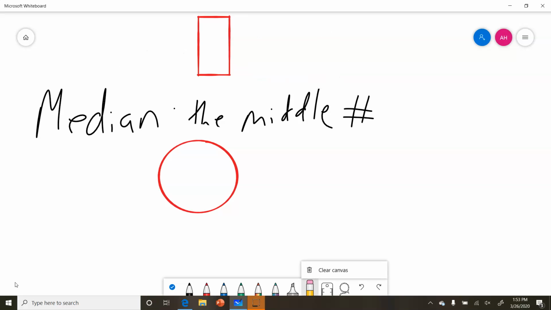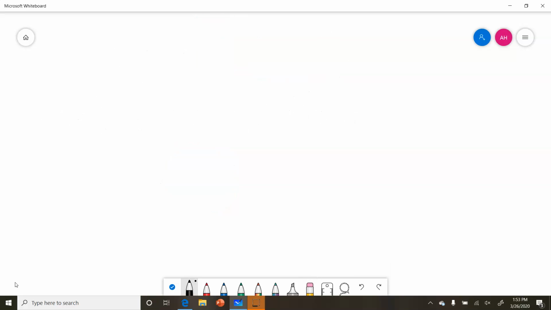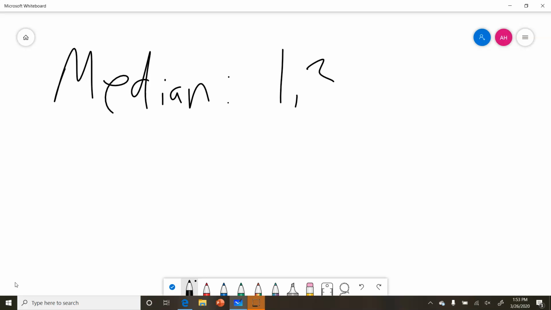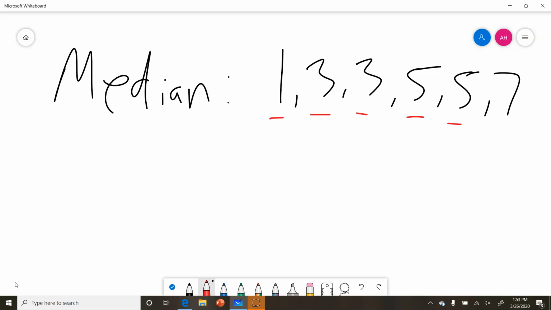So I'm going to clear this and start over because that didn't work out. So if we have the median when the numbers are 1, 3, 3, 5, 5, 7, now when we go to count to find the middle number, 1, 2, 3, 1, 2, 3, oh, we have an even number. The median is right here, but we don't know what that is because it's not a real number.